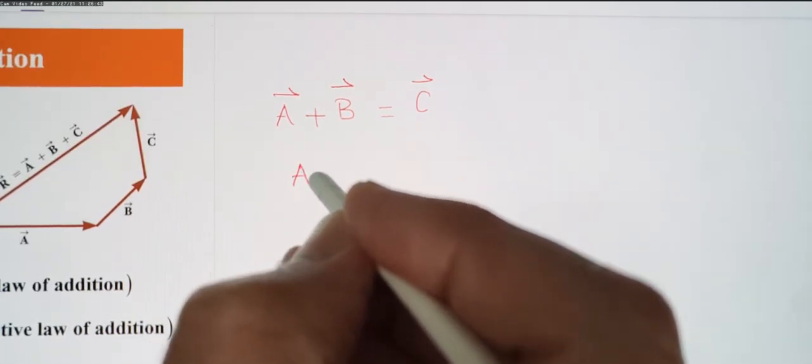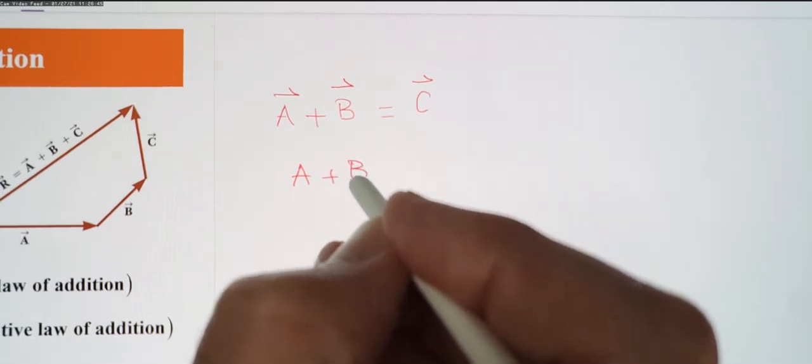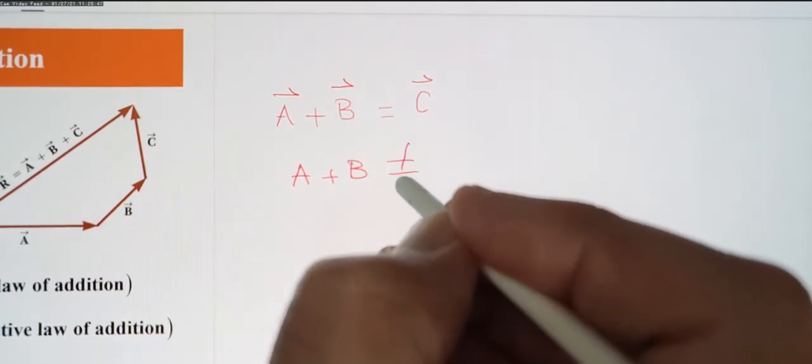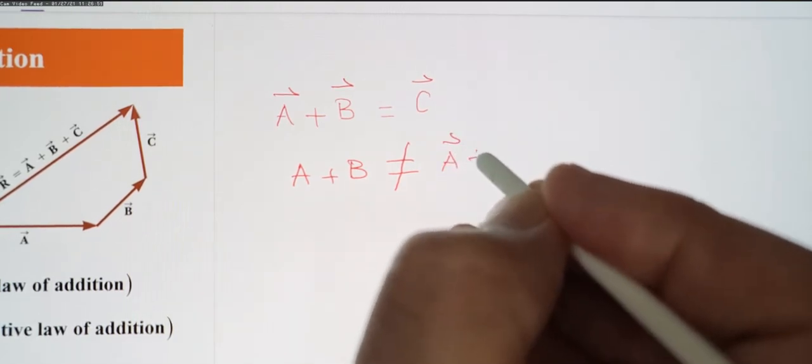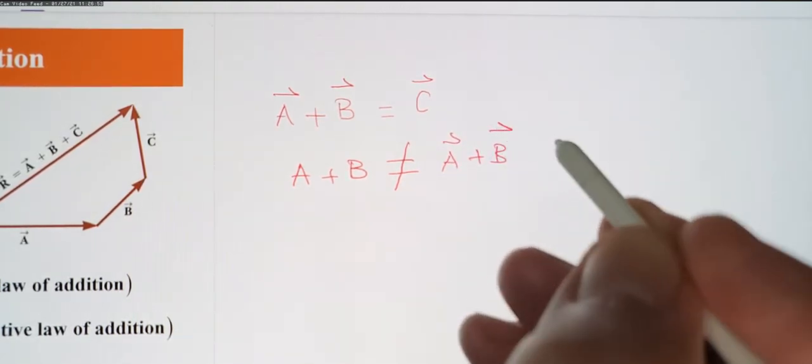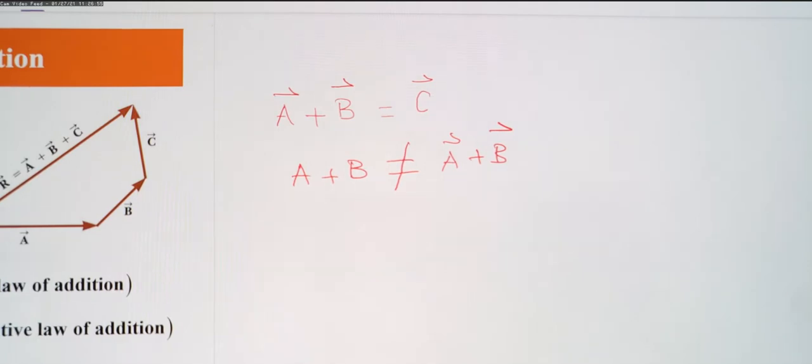Now, A plus B is not equal at all to vector A plus vector B. Clear, yeah?